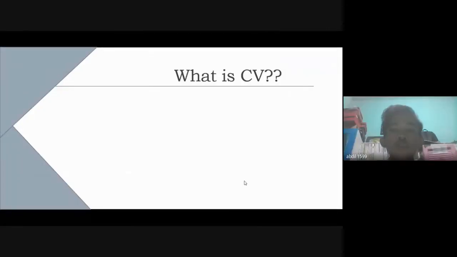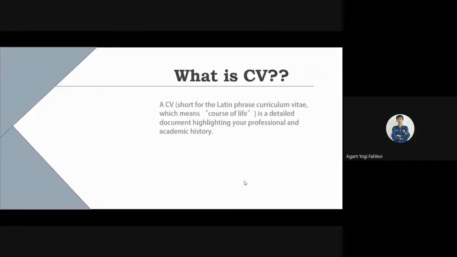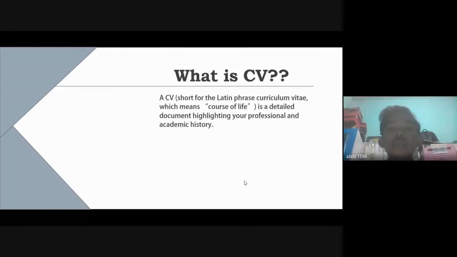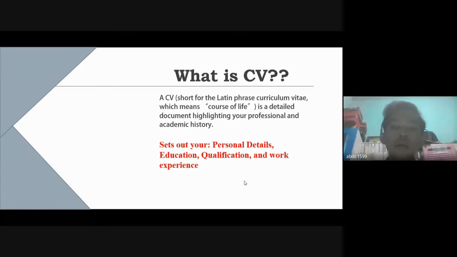What is it? CV is short for the Latin phrase curriculum vitae, which means course of life. A detailed document highlighting your professional and academic story.